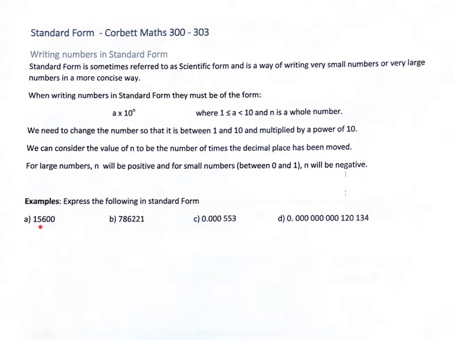So we need to write 15,600 as a number between 1 and 10, and then multiplied by a power of 10. The number between 1 and 10 we're going to pick here is 1.56. We could put 1.5600, but the zeros there don't add any significance, so we don't need to. Then we need to think about how many times the decimal point has moved. In the number 15,600, the decimal point is after the last zero, so it would be in here.